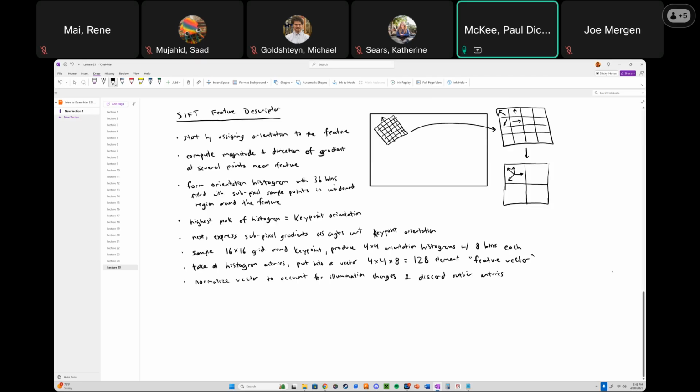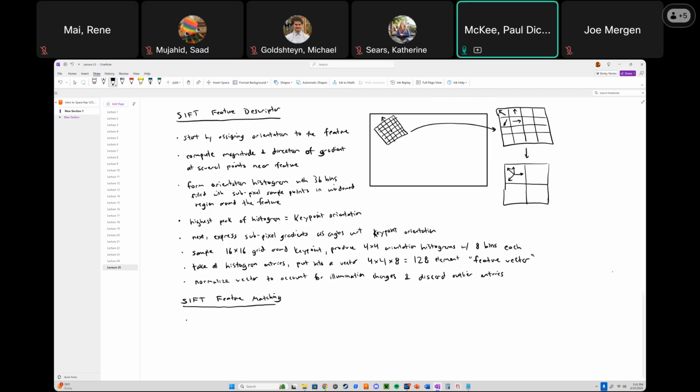Finally, almost done, SIFT feature matching. This is a short one. Okay. So essentially, you've got a 128 element long vector describing each feature in an image. Then what you simply do, if you want to see, like, oh, is this feature the same as this feature?